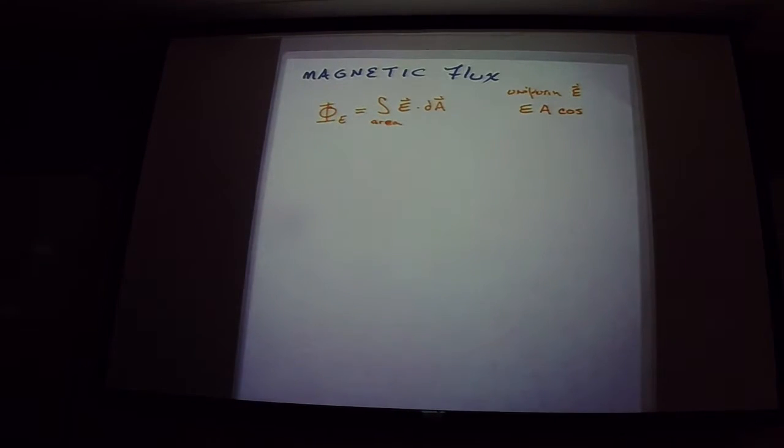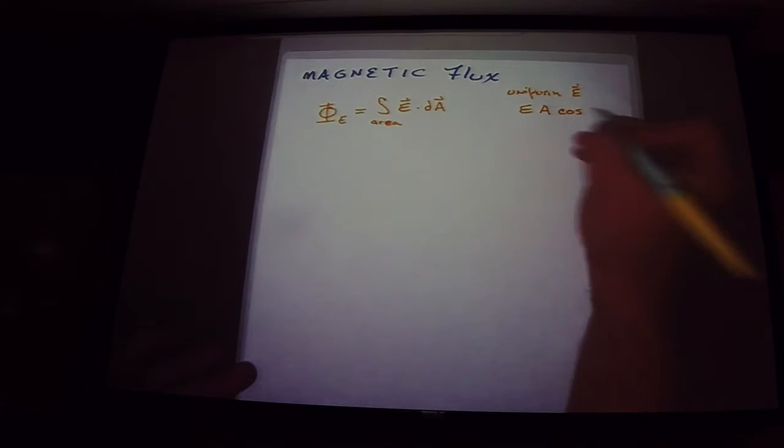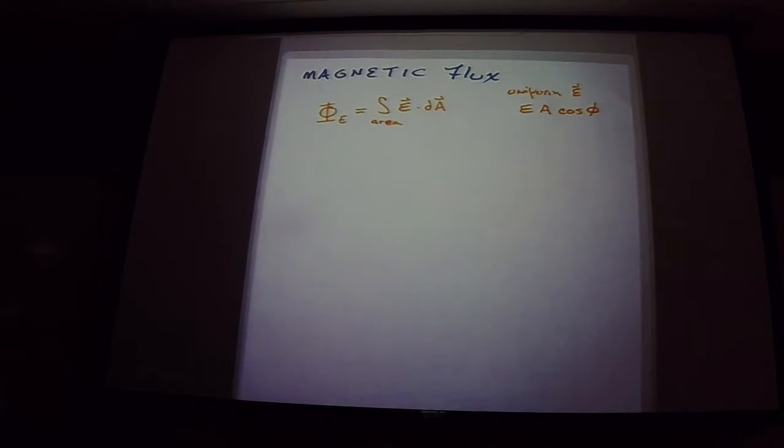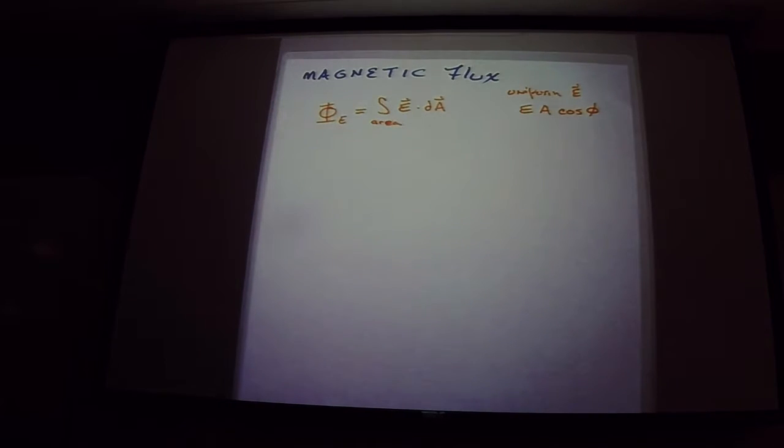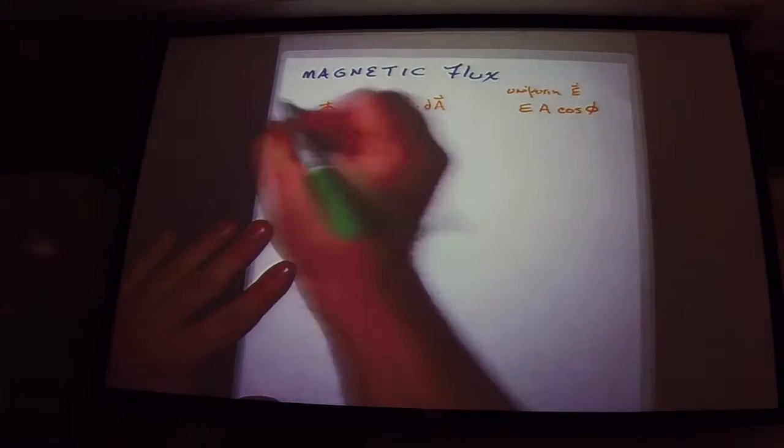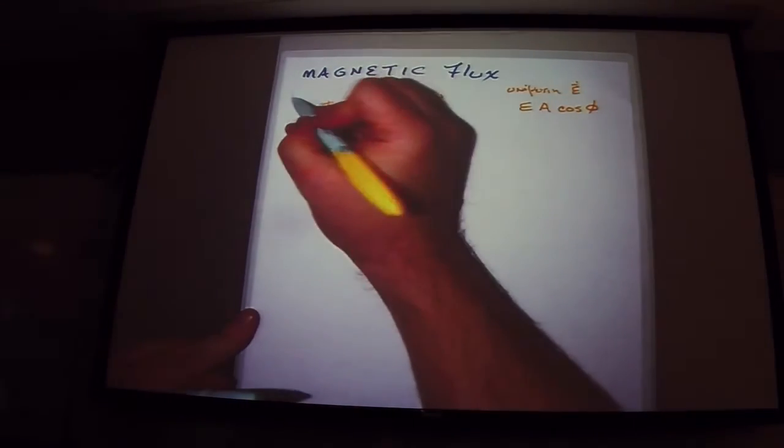And I forgot exactly what variable your text used for that, whether it's phi or theta. So I'll just call it phi. It doesn't matter what you call it, just that it is the angle between the electric field and the area. Okay, well, so magnetic flux. So this is the electric flux from before.